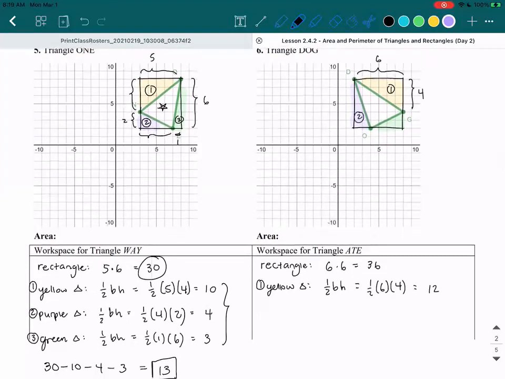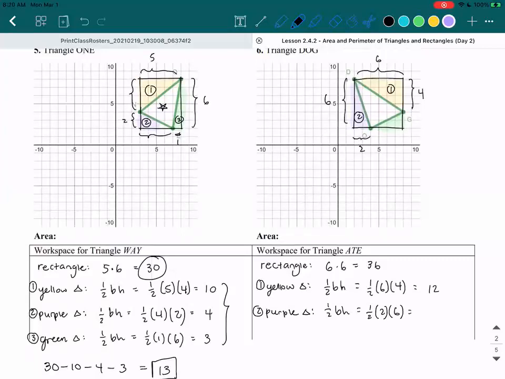Let's take a look at the purple triangle next. Remember, it's always 1/2 base times height. I got that written down now. So let's do our base. Looks like a 2. What about the height? Looks like 6.